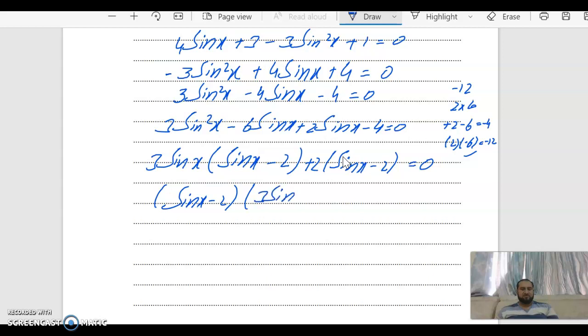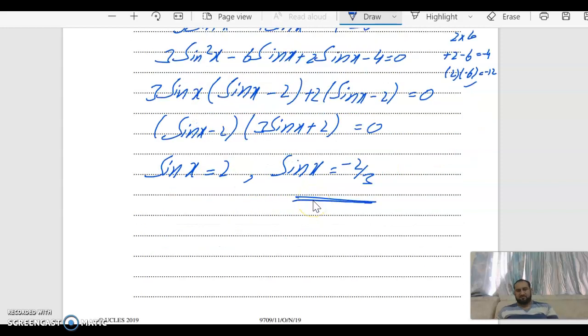So this will be (sin x minus 2)(3 sin x plus 2) is equal to 0. Which means sin x is equal to 2 or sin x is equal to negative 2 by 3. This will be our answer, because it says we have to show, without using a calculator, that sin x is equal to negative 2 by 3.